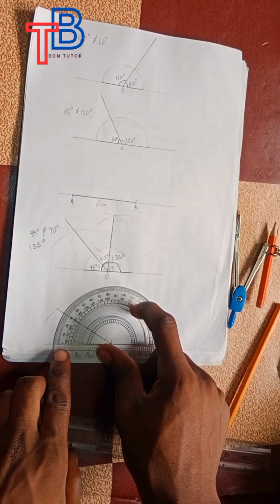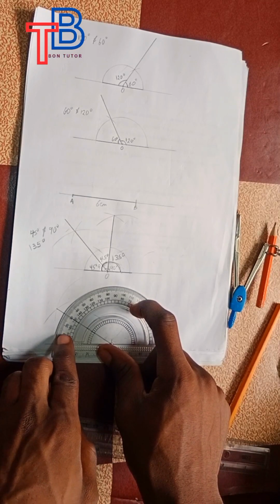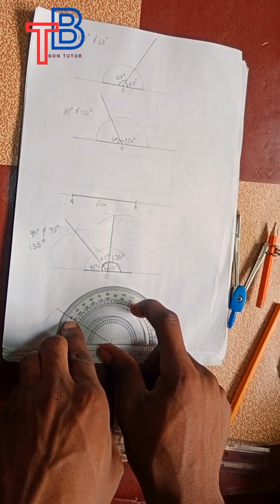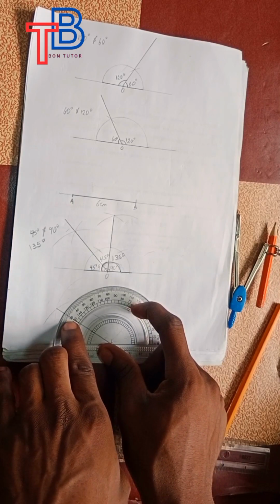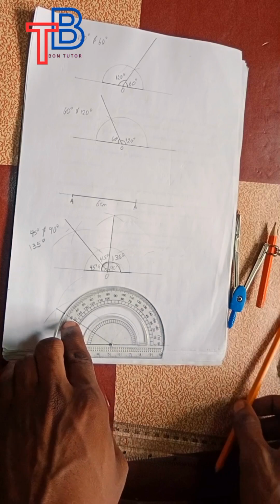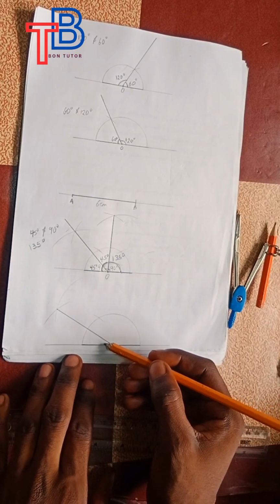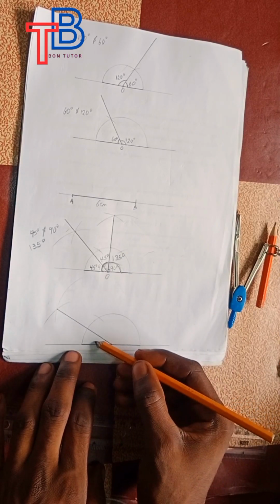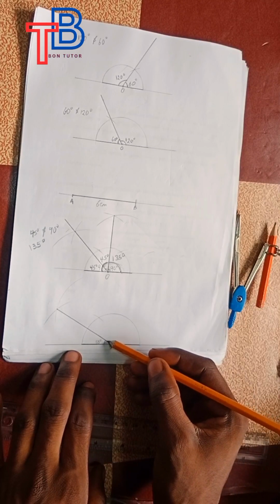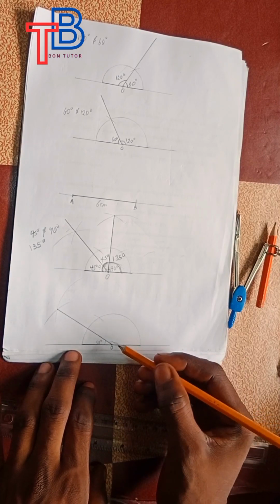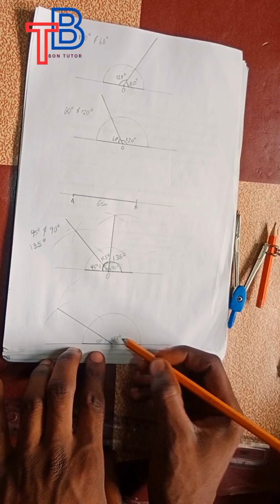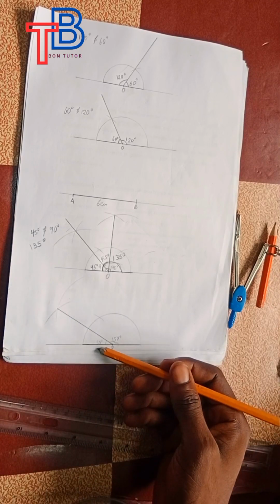You can see I'm having 0, I'm having 10, I'm having 20, 30 is actually on 30 degree. And what I did here is that the angle here is 30 degree, and the angle outside here is what? Yes, 150 degree. So I'm having 30 degree inside here.